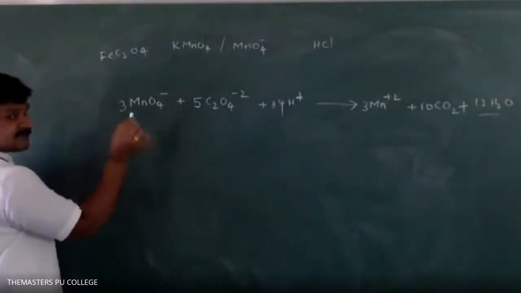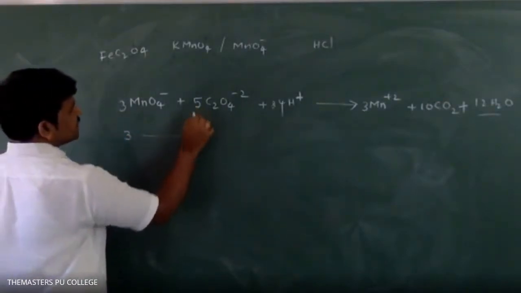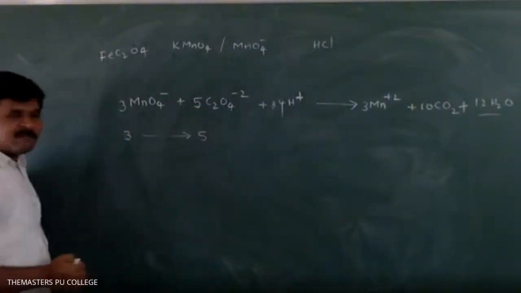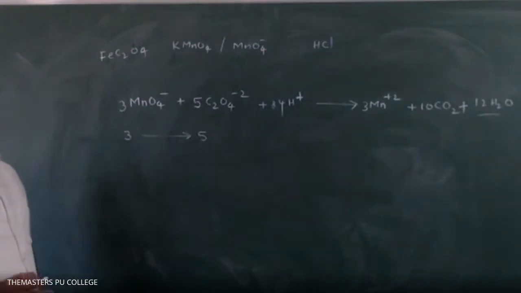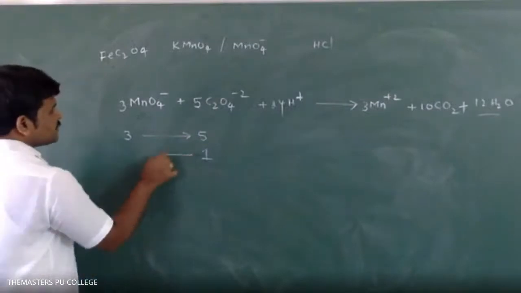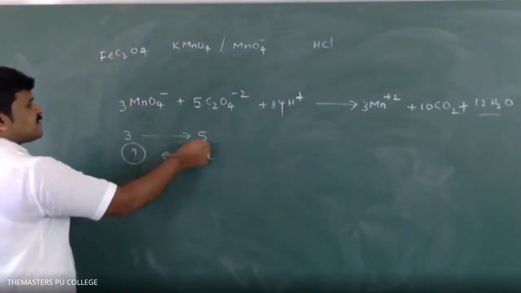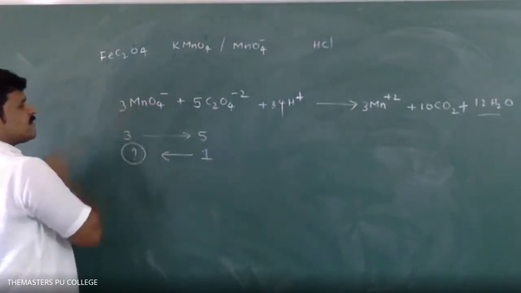According to the equation, 3 moles of MnO4 minus require 5 moles of oxalic acid, that is ferrous oxalate. If you take 1 mole of ferrous oxalate, how many moles of MnO4 minus are required? 5 moles of this requires 3 moles of MnO4 minus.